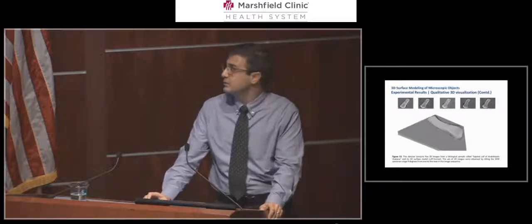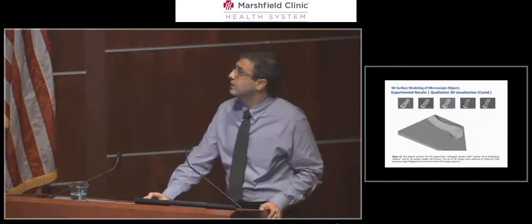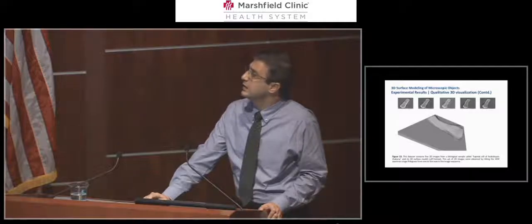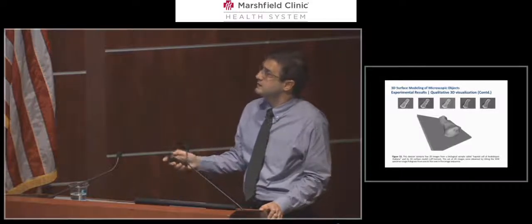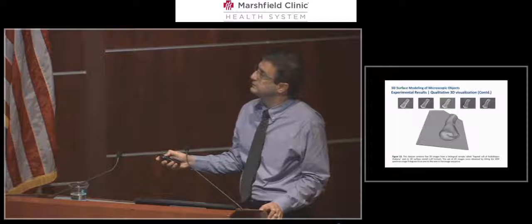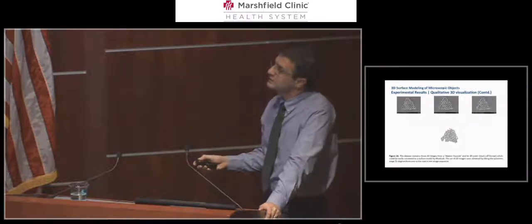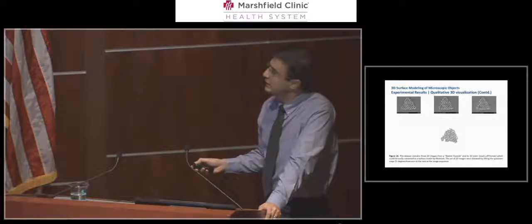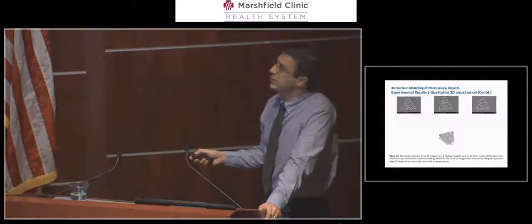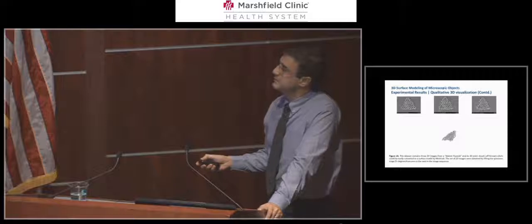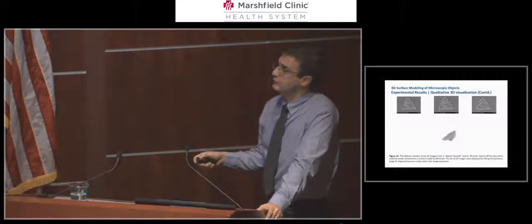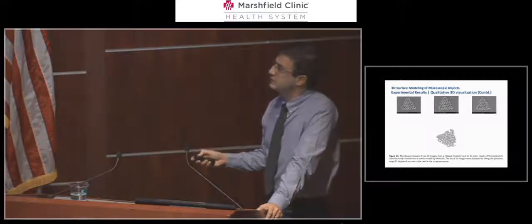The set of 2-dimensional images were obtained by tilting the sample stage 9 degrees from one to the next in the image sequence. In the next slide, you see the same results for diatom frustule. The 2D images were obtained by tilting the specimen stage 15 degrees from one to the other in the image sequence.